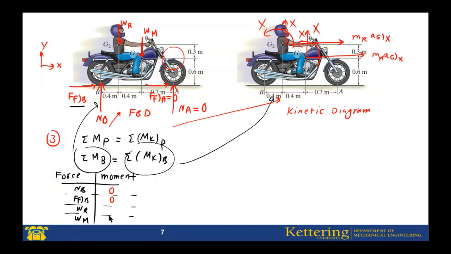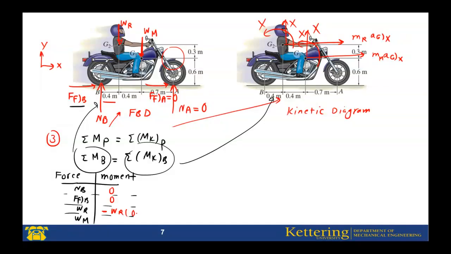What is the moment of the weight of the rider, or WR? What's the moment? Yes. Negative WR times 0.4. Negative WR, exactly. This one should be negative WR.